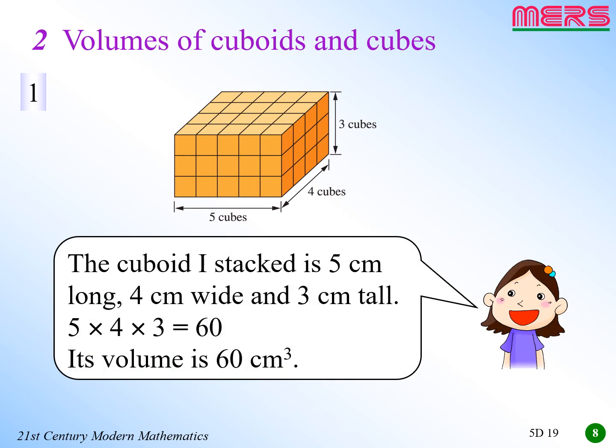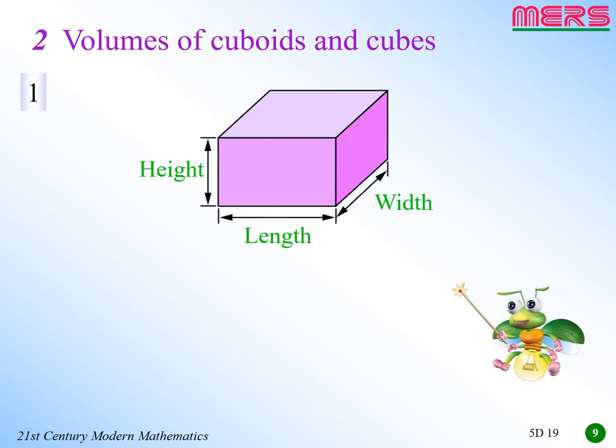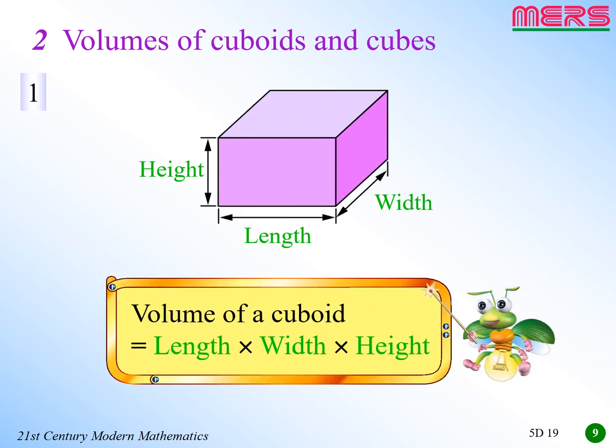The cuboid that Fanny stacked is 5 cm in length, 4 cm in width, and 3 cm in height. Its volume would therefore be 5 times 4 times 3 equals 60. Its volume is 60 cubic centimeters. The standard formula for finding the volume of a cuboid is length times width times height.